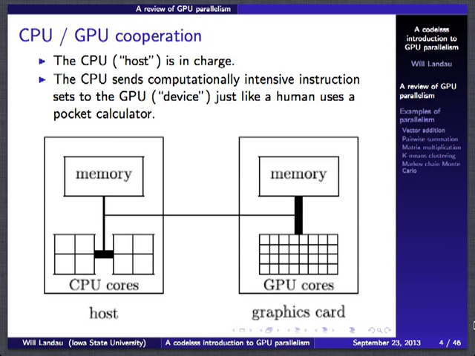As you can see, there's higher memory bandwidth between the GPU cores and on-chip memory than in the CPU. So there's a really thin line here, but there's also a really thin line between the CPU itself and the GPU. Which means it's really slow to write data to the GPU and read data back from the GPU.